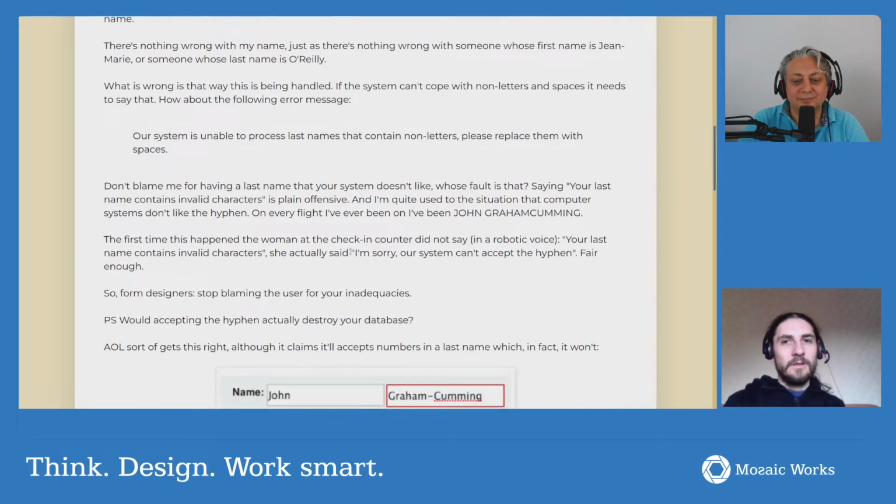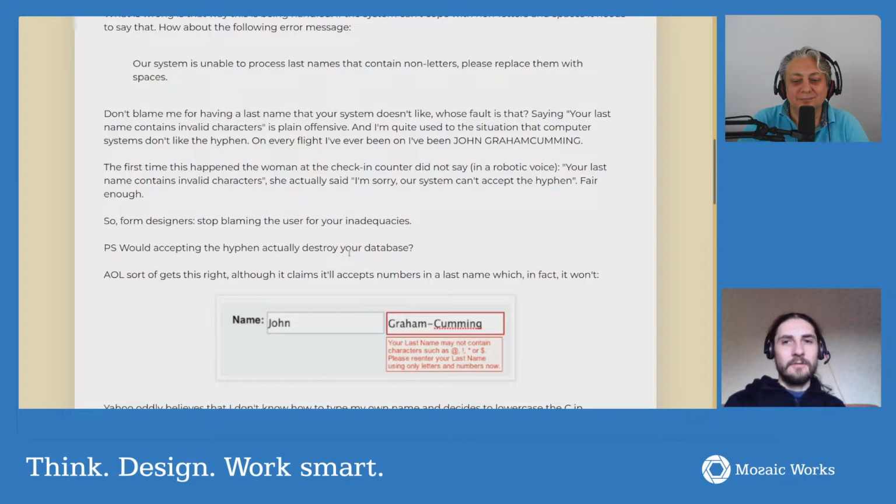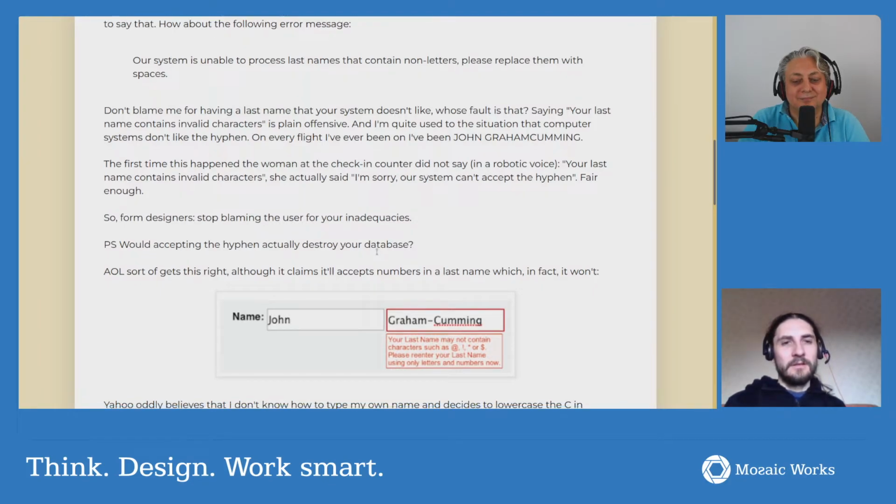And typically, when testing this, I always try to come up with unusual names. So okay, we start with, I don't know, John Smith, but then we go to names that are more and more difficult and complicated.